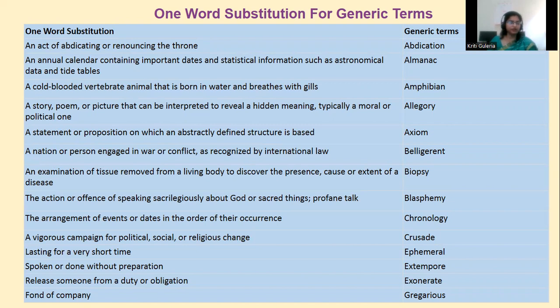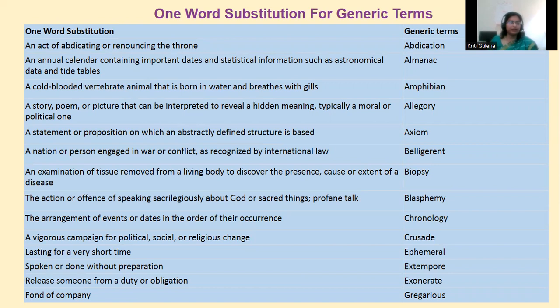Another phrase, an examination of tissue removed from a living body to discover the presence, cause, or extent of a disease. Most of us know that it is referred to as biopsy, where we take out this small portion of tissues from the living body, to identify and to diagnose.